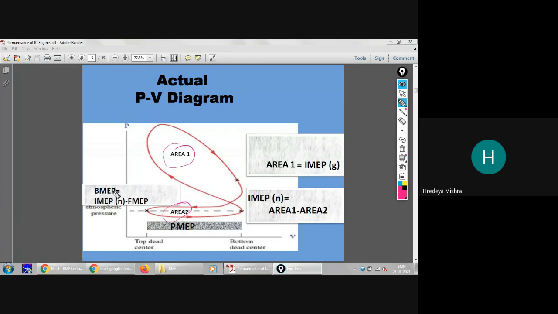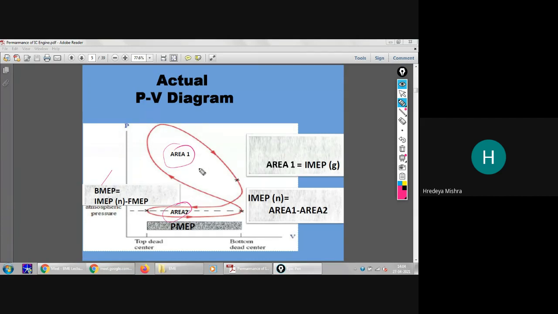Brake mean effective pressure is IMEP, indicated mean effective pressure, minus friction mean effective pressure. Because of the friction in the sliding components, some frictional losses are there.